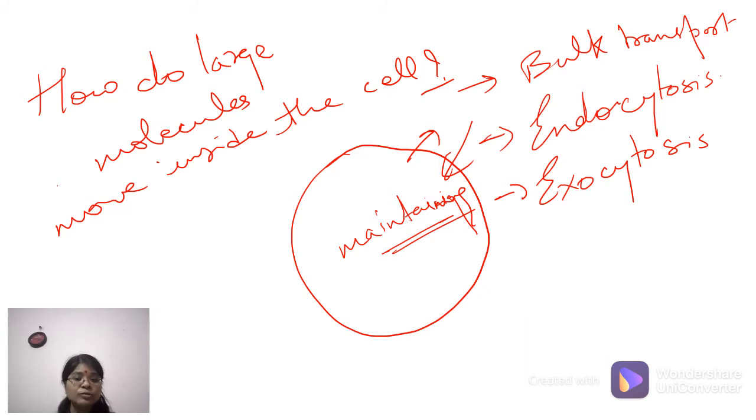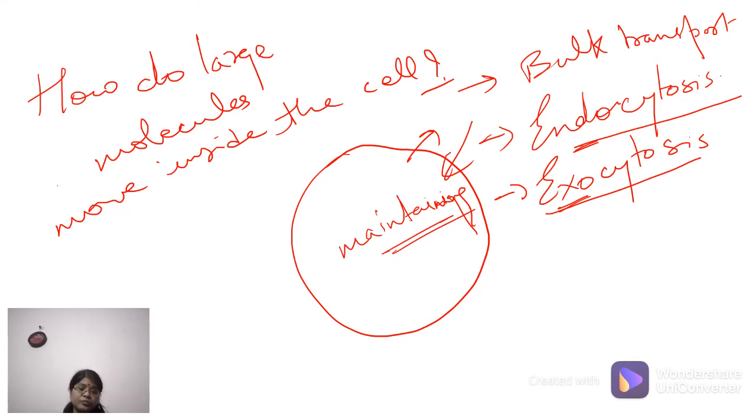Now you can think of the consequences. At the time of evolution, this membrane was able to maintain its internal milieu, and because of this bulk transport, substances are able to move out of and inside the cell. That is exocytosis, that is secretion. If the cell wants to secrete something and move it out of the cell, it does exocytosis. And if it wants to take something in, it can do endocytosis.